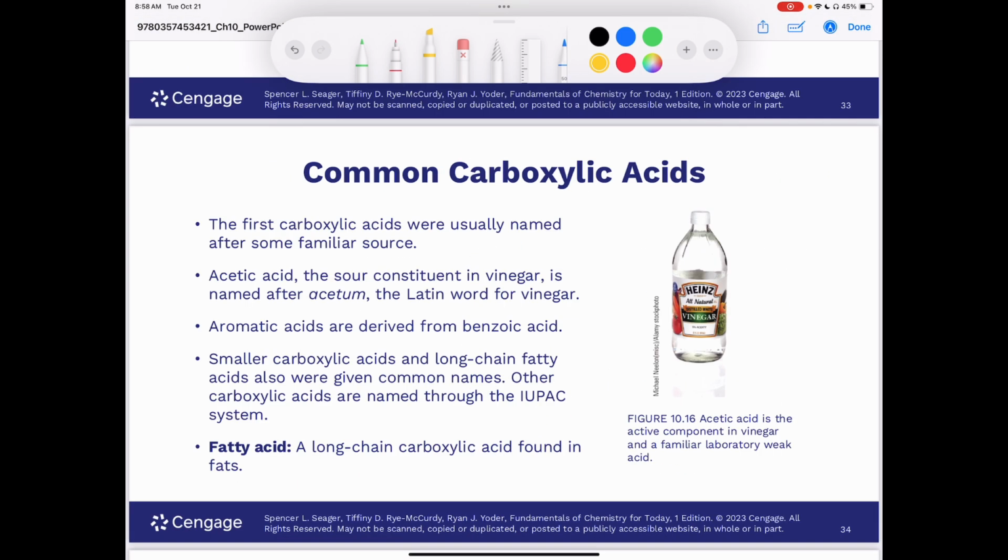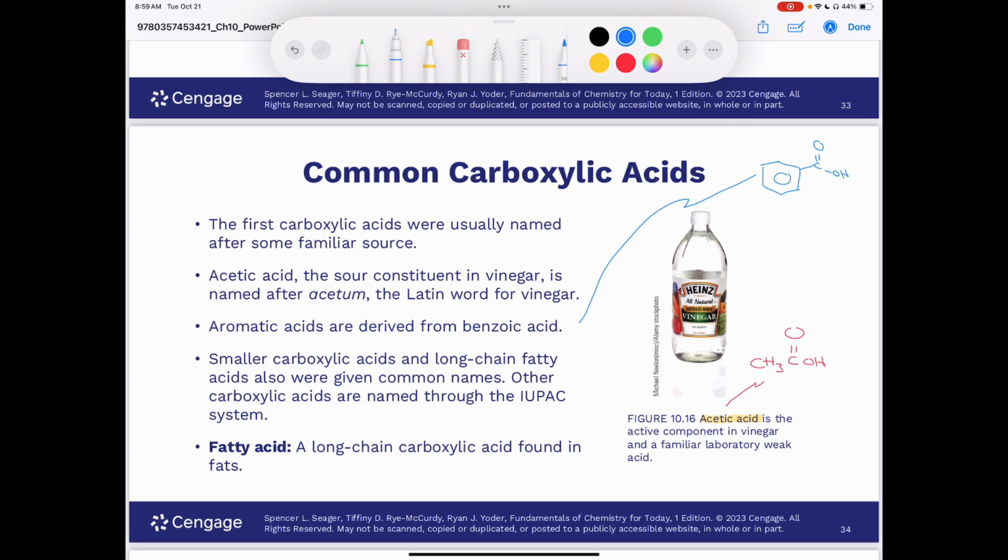All right, keeping in this theme of common carboxylic acids, you see vinegar is shown here in this figure, and I told you that acetic acid, which is CH3 with a carboxyl group, okay, that's acetic acid, is the acid found in vinegar, and it's named after the word acetum, which is Latin for vinegar. And then it says here that aromatic acids are derived from benzoic acid, and so you should know the structure of benzoic acid, which is where we have an aromatic ring with our carboxyl group directly attached to it, so that would be benzoic acid.